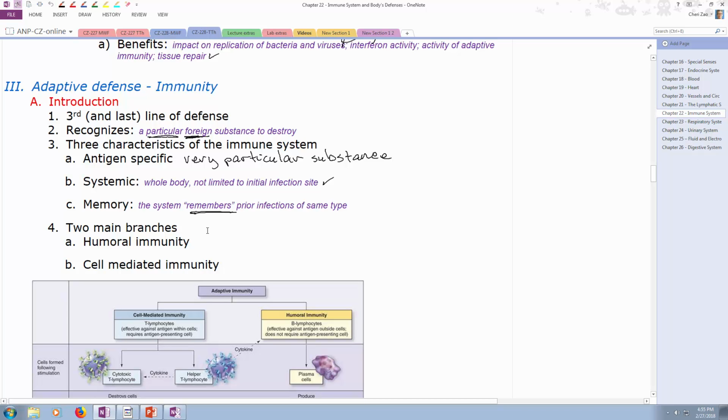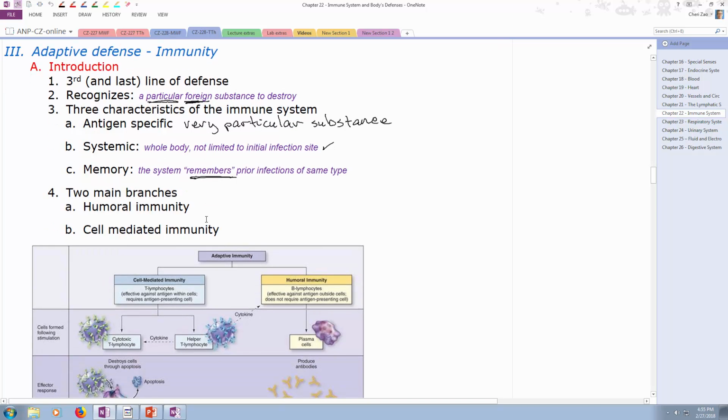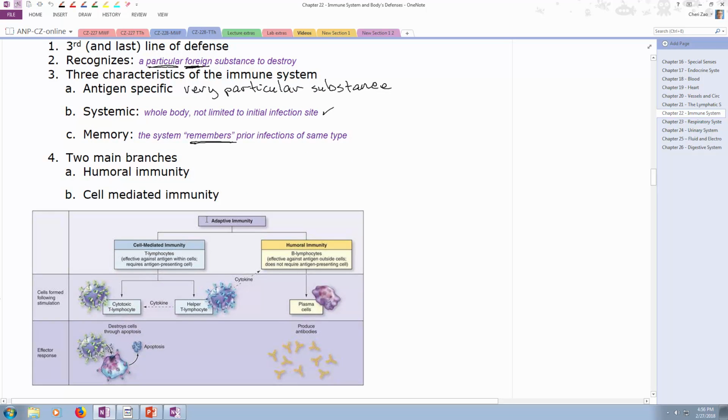Is AIDS unrecognizable by ourselves? Is that why it was so hard to battle? Well, HIV is an interesting virus because it actually attacks the cells of the immune system. So when you start to attack the cells of the immune system, you can't mount an immune response.